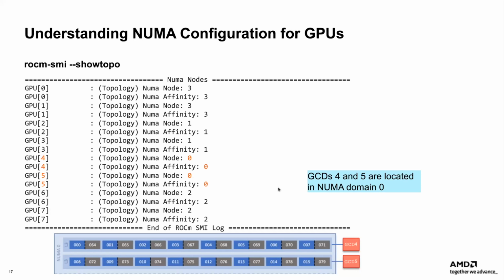So this association, this relationship is very important. When a process is using, let's say, GPU 4, we want that process to be running on one of these cores attached to GCD 4. GPU and GCD I'm using interchangeably, but this is a GPU device, which is nothing but a GCD in this case.